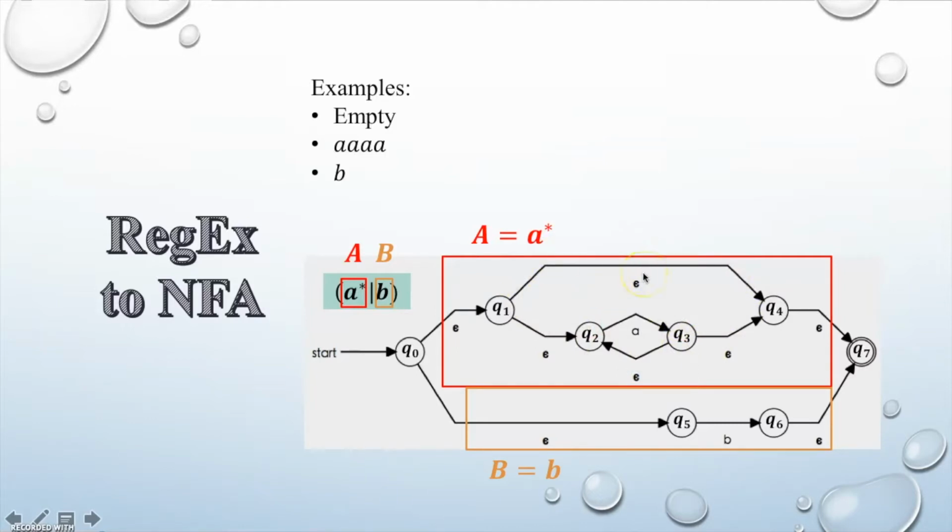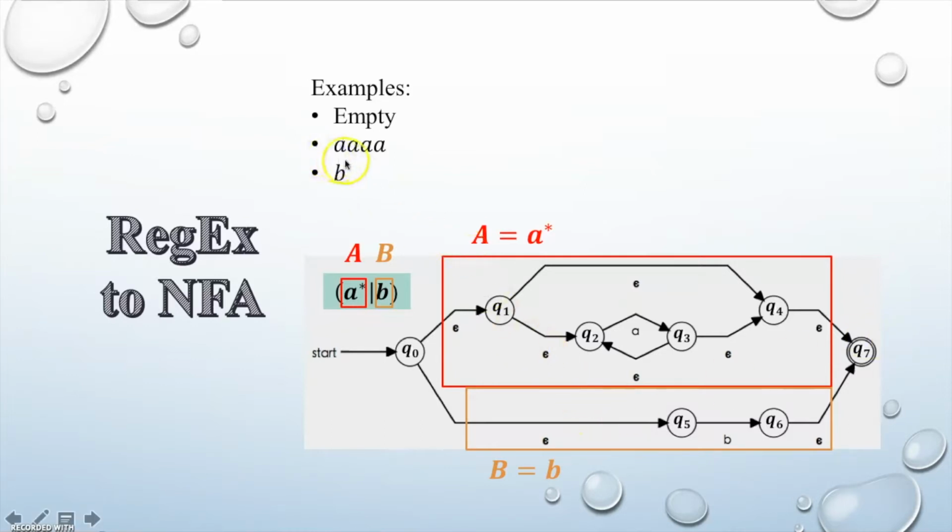And here I have picked 3 examples for us to discuss. If we have the empty string, then we should directly go through the epsilon edges, and then we'll arrive at the Q7 state, which means that we got accepted.